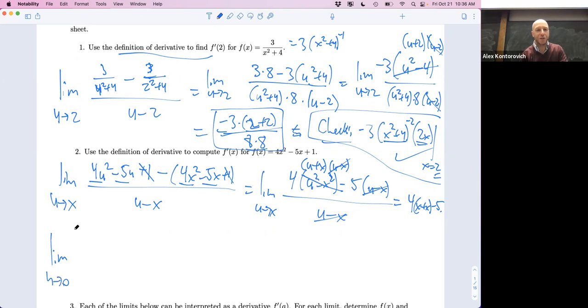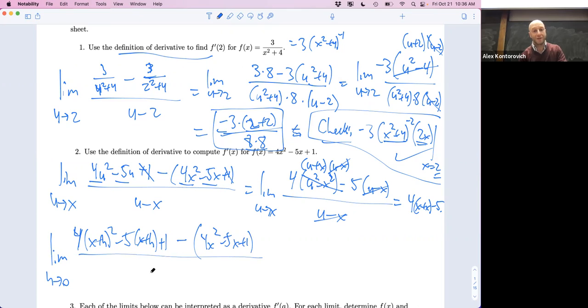Limit as h goes to 0, 4 times this thing at x plus h, which is (x plus h) squared, minus 5 times (x plus h) plus 1, minus the value at x, 4x squared minus 5x plus 1, all over x plus h minus x, also known as h. Oh, okay, that's the other way to do it. You do the algebra, you multiply things out, you'll get just h's left over on top and bottom, both cancel, and you'll get this in the end.